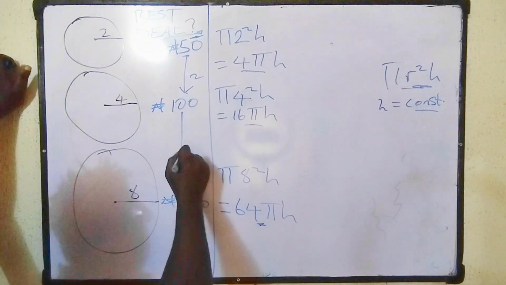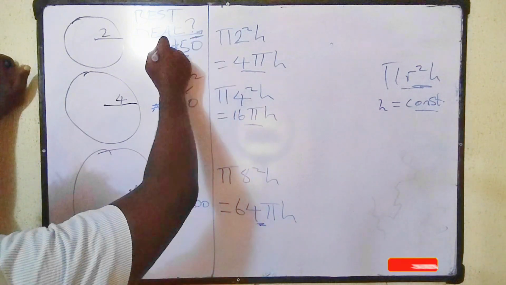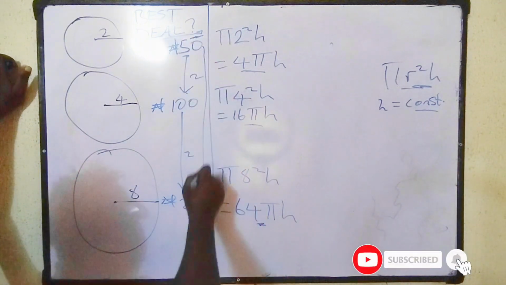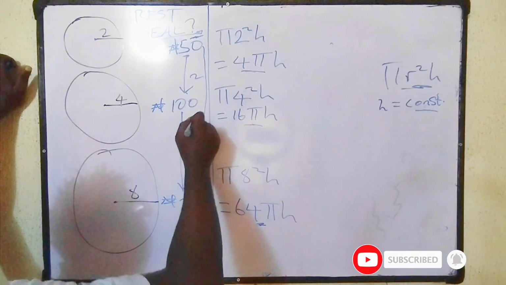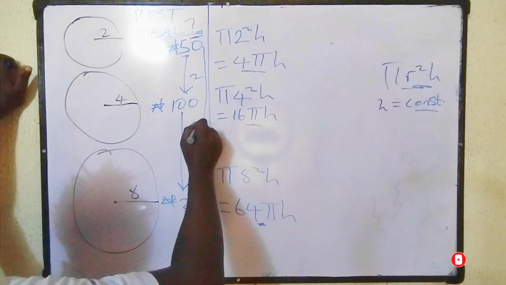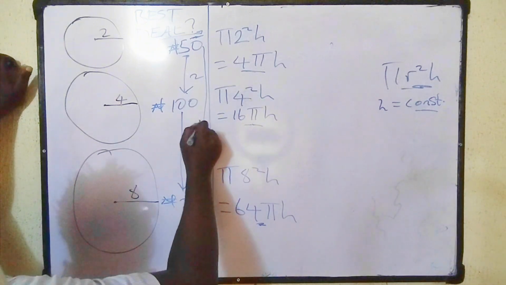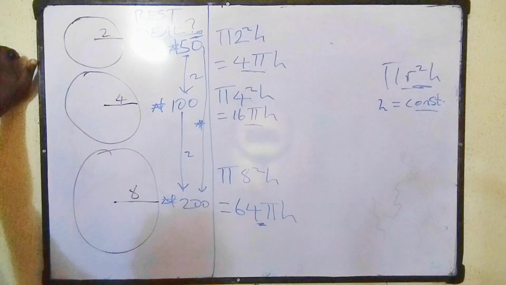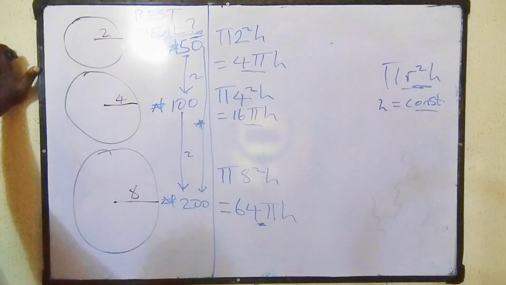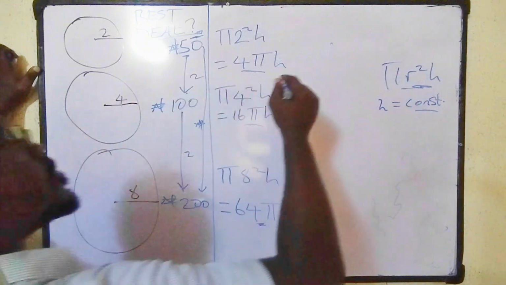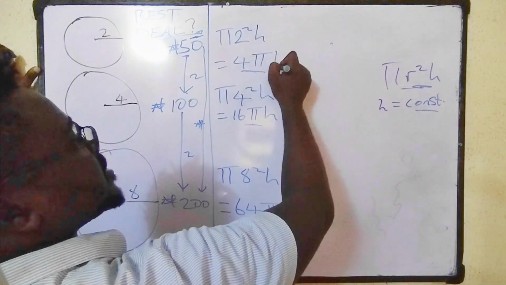From here to here is times 2, and from here to here is times 2. That means from the first to the last is times 4 in radius.